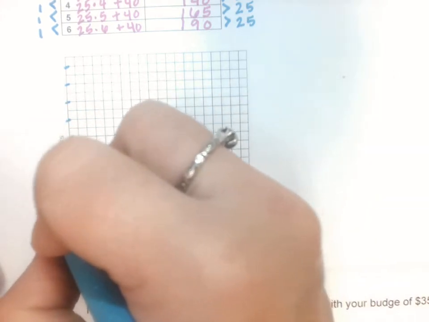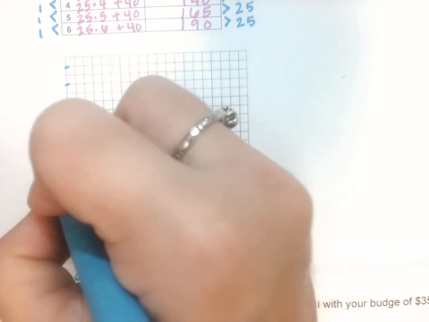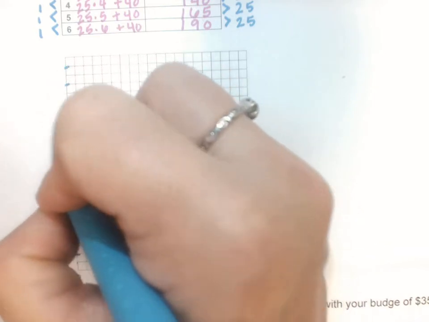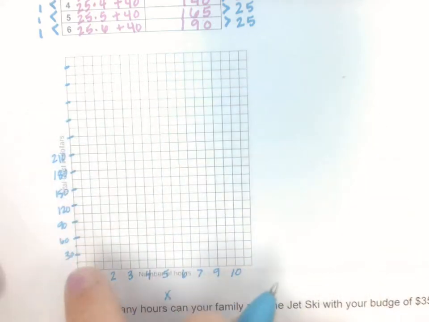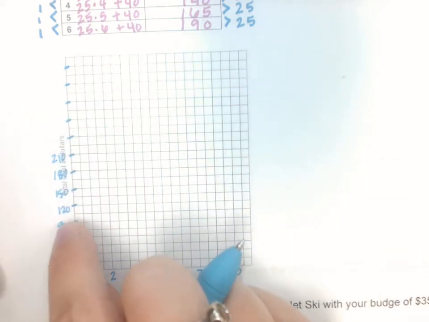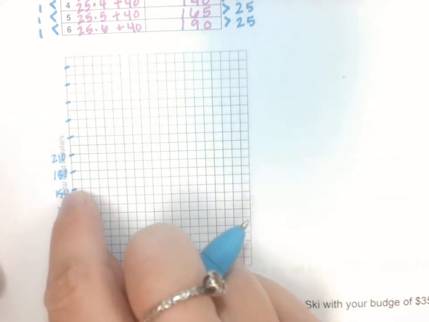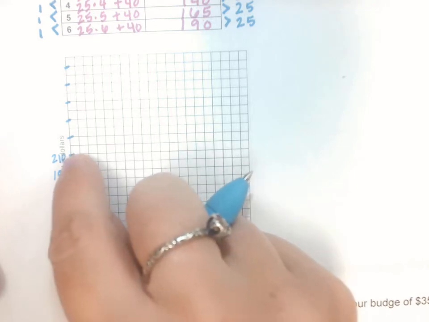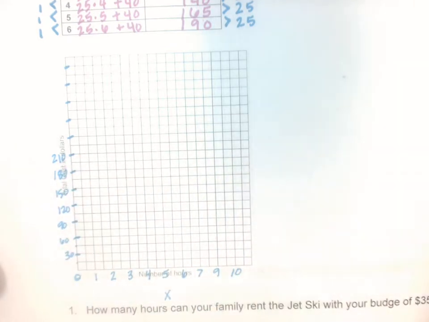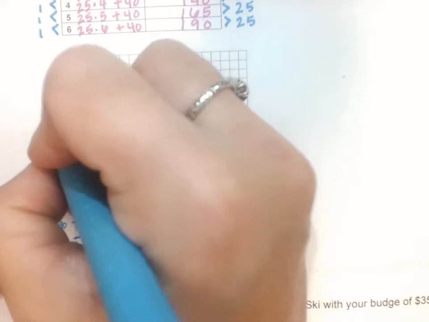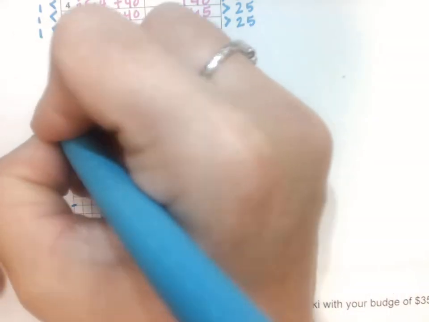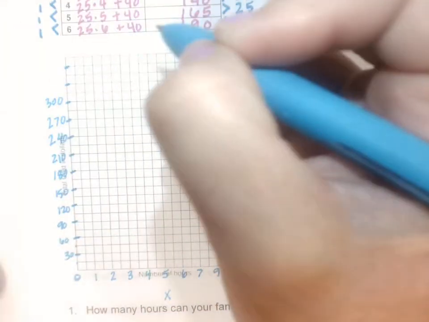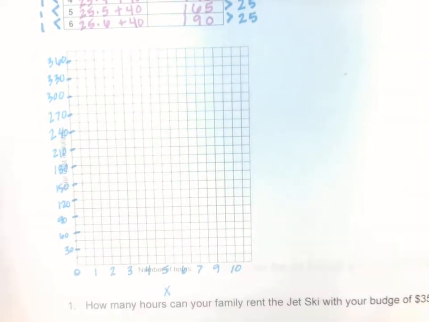Then plus 30: 30, 60, 90, 120, 150, 180, 210, and we're just going to keep on going. And that was perfect, because I wanted to at least go to 350.